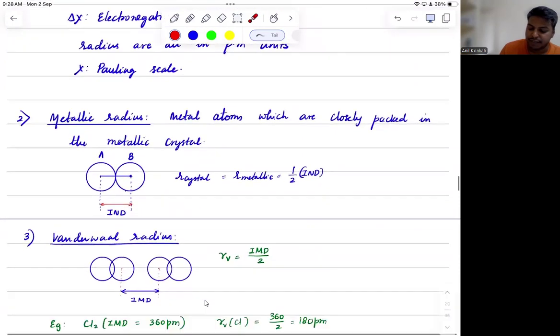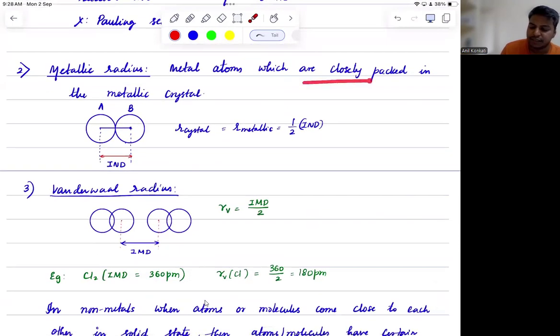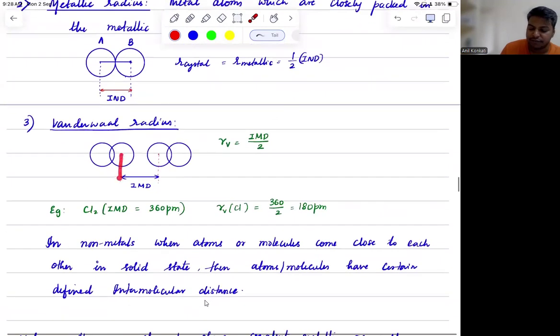Next, metallic radius. Metallic radius is half of the distance between two metal atoms. Van der Waals radius is half of the distance between two molecules. Between two molecules, if you have the closest distance, that closest distance is the intermolecular distance, divided by 2.